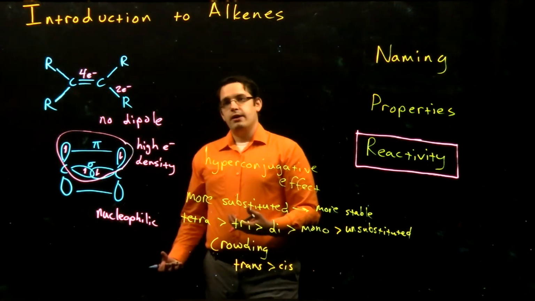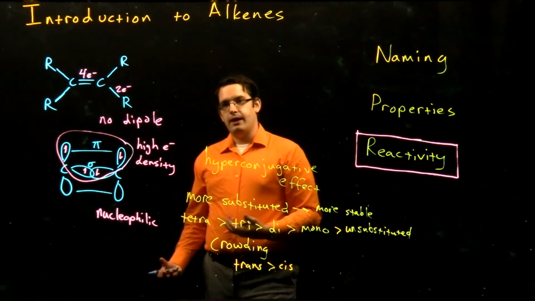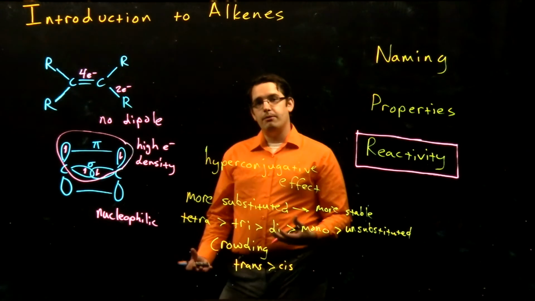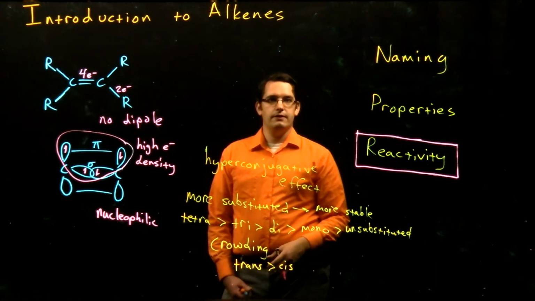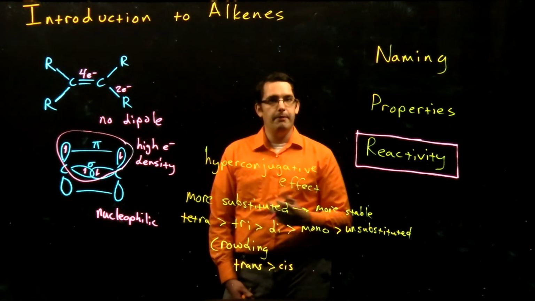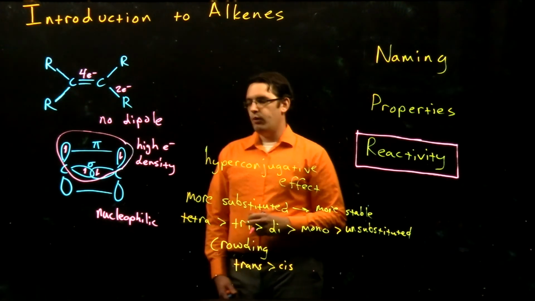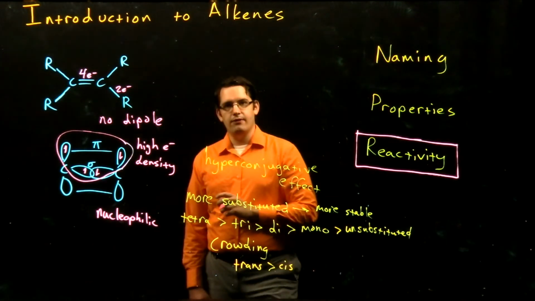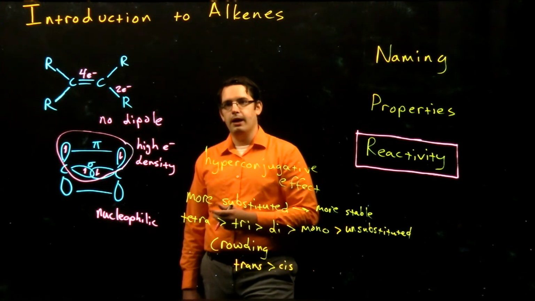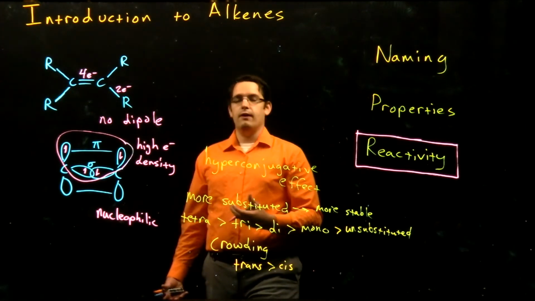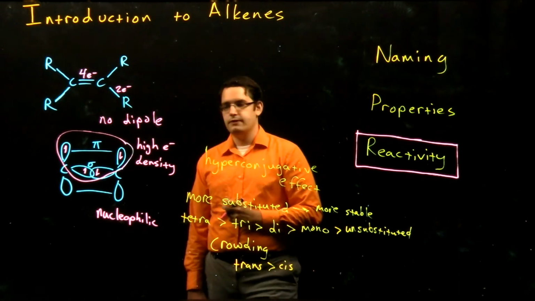Now when we look at biological molecules that have alkenes, such as our unsaturated fats, olive oil or those omega fatty acids, one of the things that makes these molecules unique is the presence of this reactive alkene double bond. That allows it to do some unique things in our body, but it can also cause problems for food manufacturers.